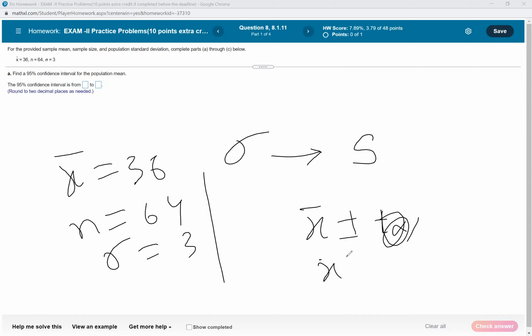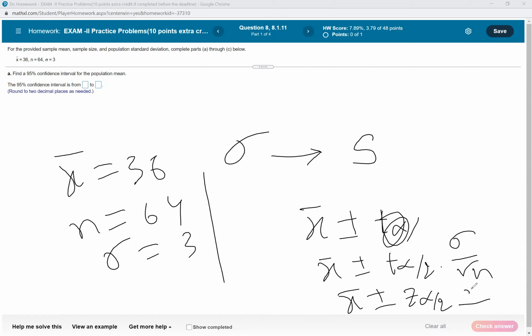So which formula should we use in this case? t alpha over 2 times sigma over square root of n, or x bar plus minus... Actually for t we do not use sigma, we use s. So the first one or the second one? Yes, x bar plus minus, that's correct.